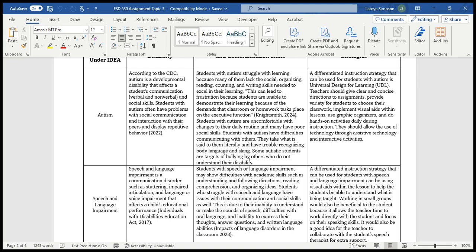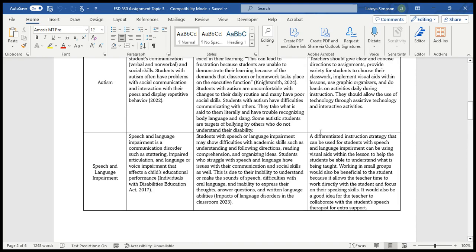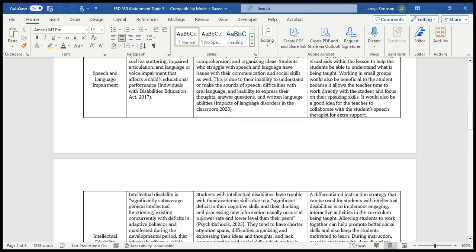Working in small groups will also be beneficial because it allows the teacher time to work directly with the student and focus on their speaking skills. It will also be a good idea for the teacher to collaborate with the student's speech therapist for extra support.